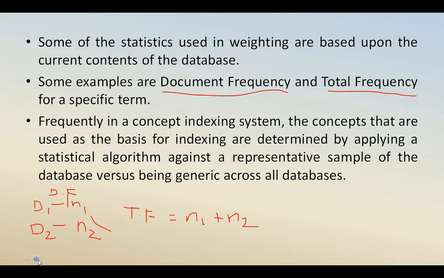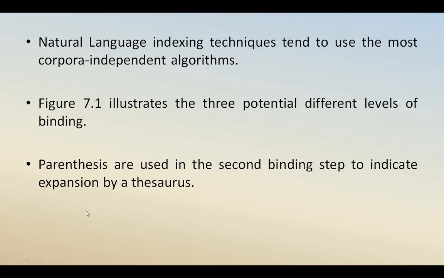All these things can be taken into consideration. Natural language indexing techniques tend to use mostly independent algorithms. The coming figure illustrates different levels of the bindings, and parentheses are used in the second binding step to indicate the expansion of the thesaurus.